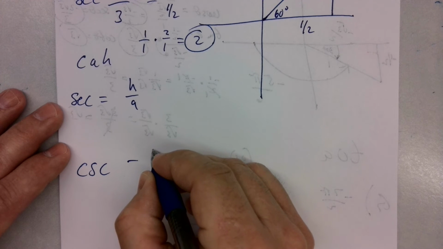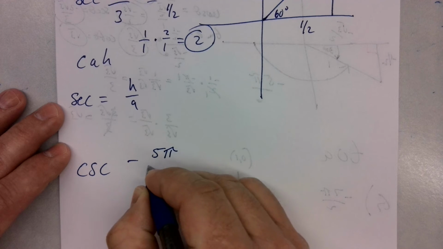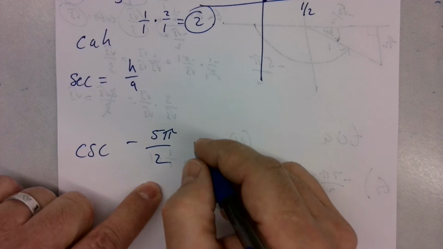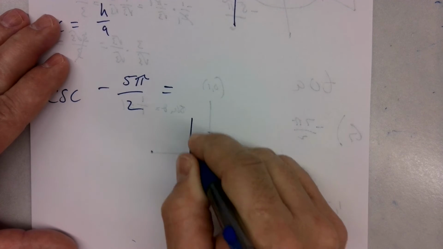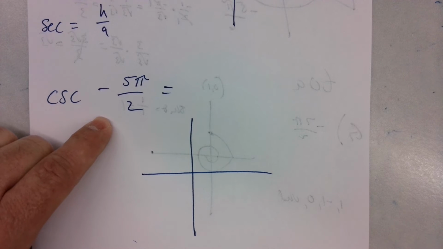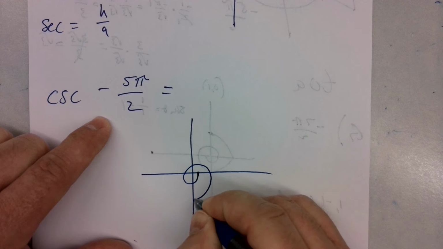Okay? So if I wanted the cosecant of negative, I don't know, let's go negative 5 pi over 2, okay? Well, the cosecant of negative 5 pi over 2, I've got to figure out, well, where is negative 5 pi over 2? It's on a line. And it's where? So I'm going to go like that, right?